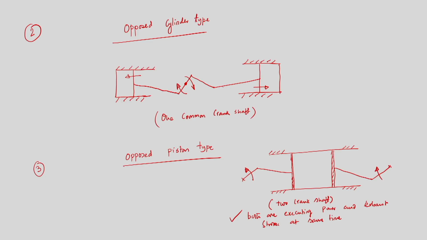This is called opposed piston type, these pistons are opposing each other, but power and exhaust will be at the same time.